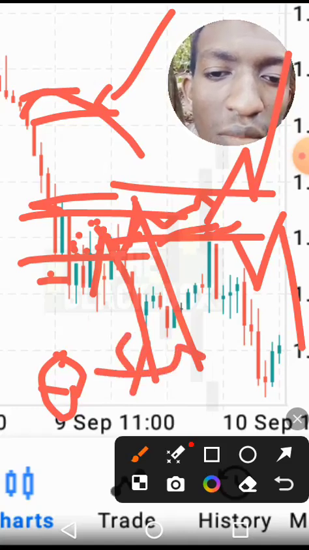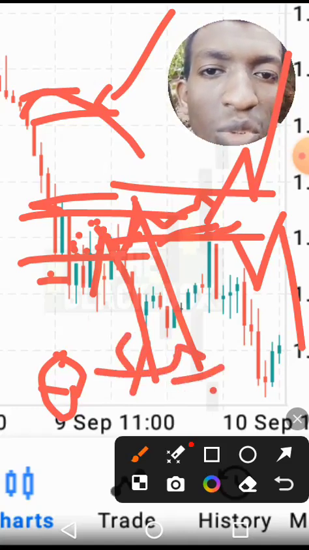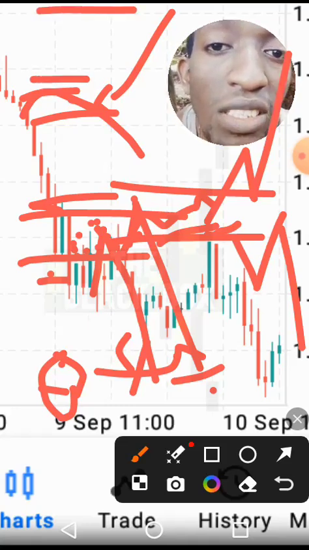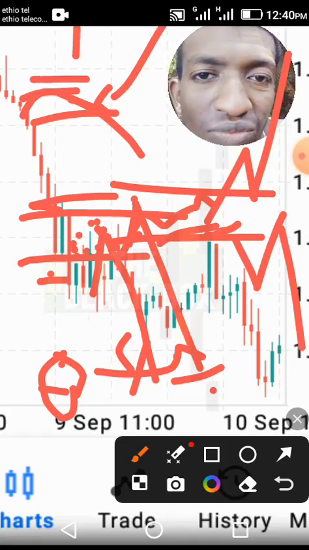I made 45% return on that small account. 45% with that old black box. The entry was crazy high, and my stop loss was crazy high.